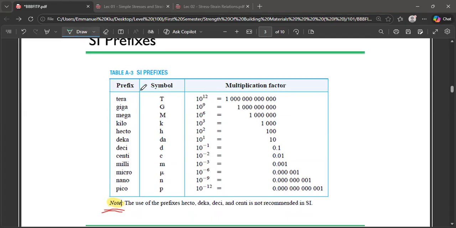Good. So let's proceed. As we can see, these are our prefixes, these are the symbols, and these are the multiplication factors. The list of prefixes we have over here, let's all count together. 1, 2, 3, 4, 5, 6, 7, 8, 9, 10, 11, 12. As you can see, we have 12 prefixes over here, and they go by the names tera, giga, mega, kilo, hecto, deca, deci, centi, milli, micro, nano, and pico.